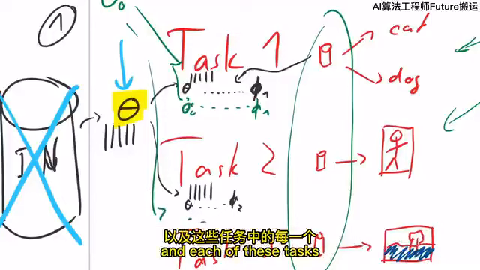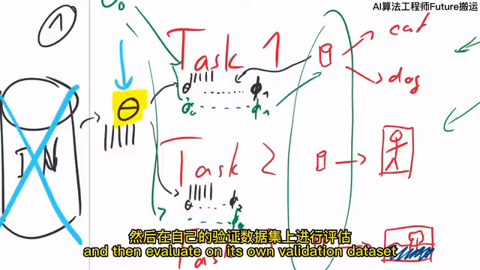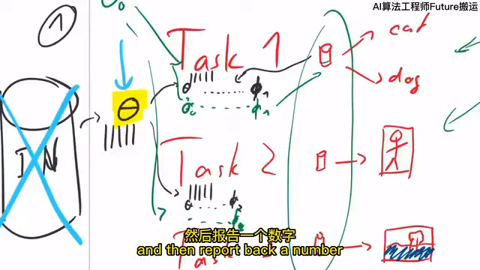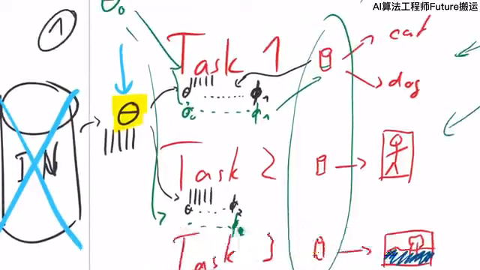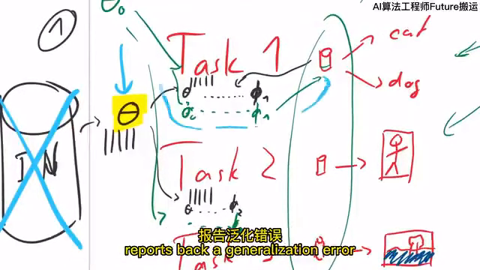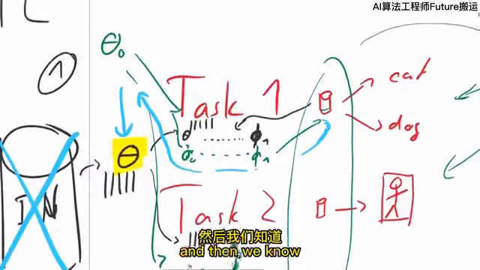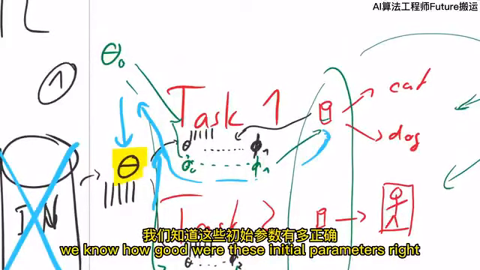And each of these tasks is going to train on its own training data set and then evaluate on its own validation data set and then report back a number. So we do this for every task, and every task trains, runs through the validation data set, reports back a generalization error, and then once we get all the information from all the tasks, we know how good these initial parameters were.